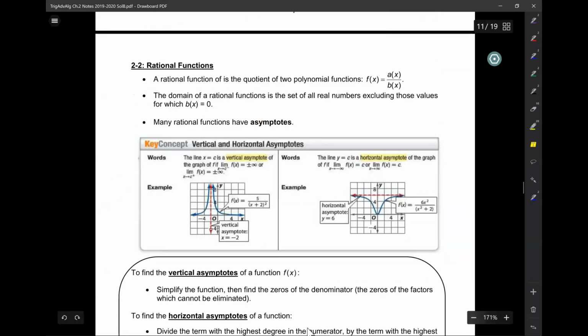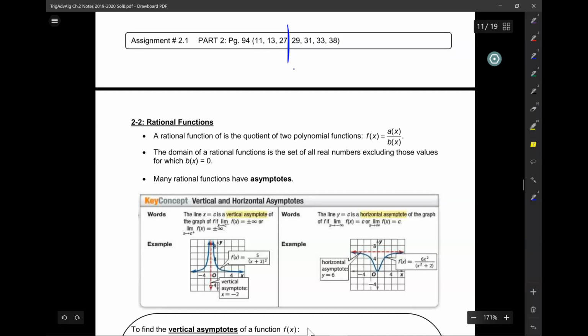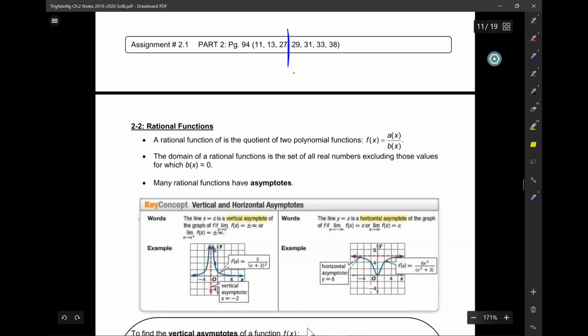So, for example, imagine if I said f of x is equal to x squared plus 2x plus 1. That's a polynomial function, divided by x minus 4. That's a second polynomial function. Together, this is a rational function.